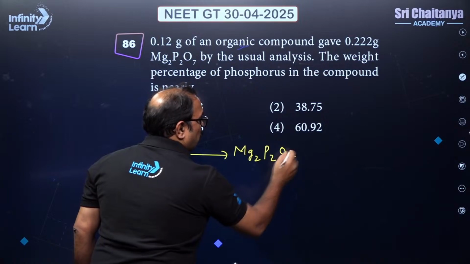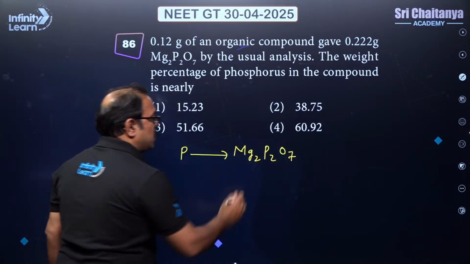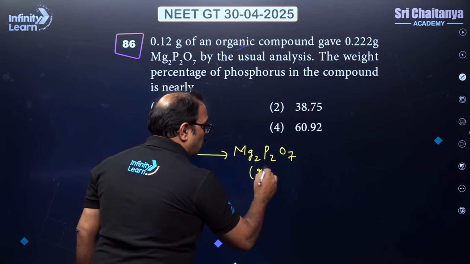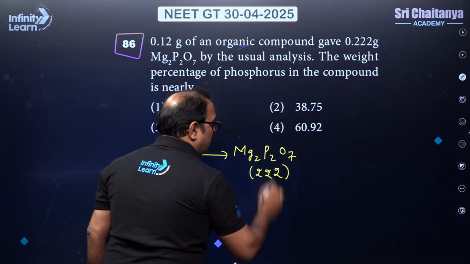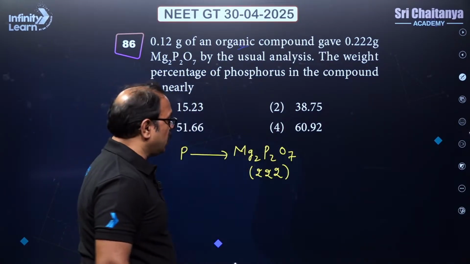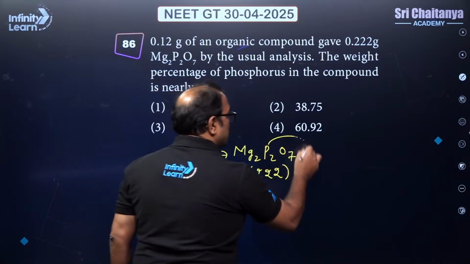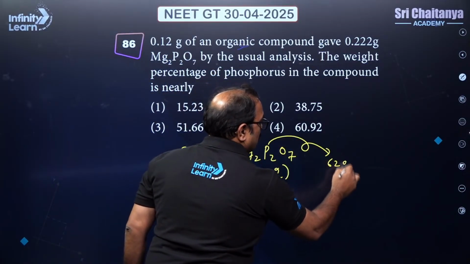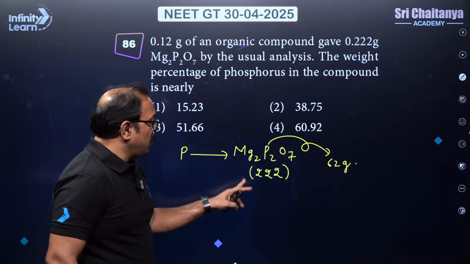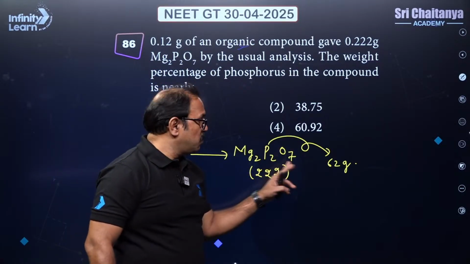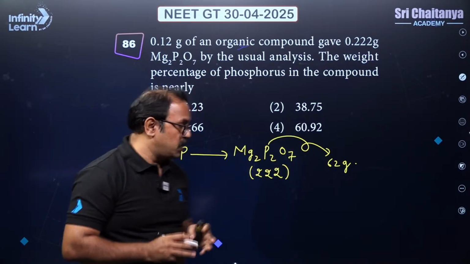If you work out the molecular weight of this component, because all are known to us, it comes as 222. Phosphorus you should take as 31, and here how many phosphorus are there? 62 grams. So you should understand every 222 grams of magnesium pyrophosphate has 62 grams of phosphorus.